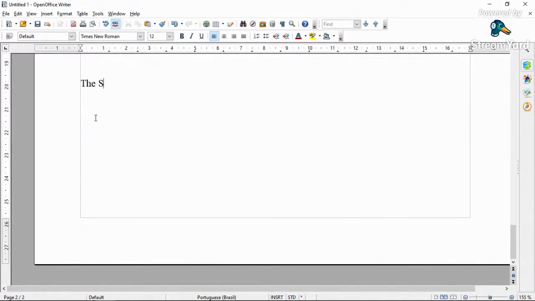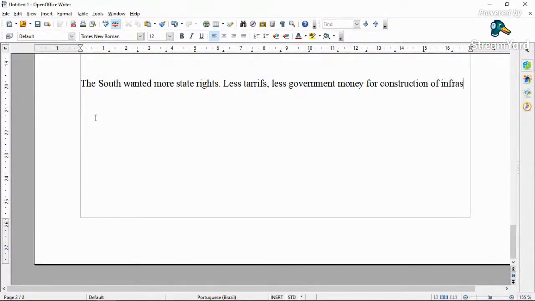So the South wanted more state rights, less tariffs, less government money for construction of infrastructure.